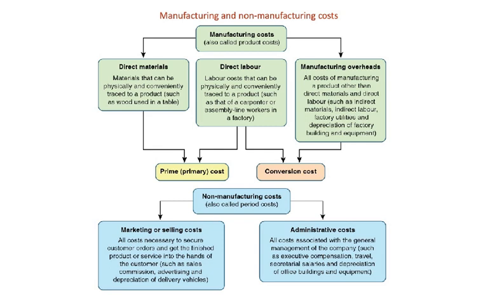If we add direct material and direct labor, we call that prime or primary cost. If we take direct labor plus manufacturing overheads, we call that conversion cost, because this is the cost to convert raw materials into finished goods.